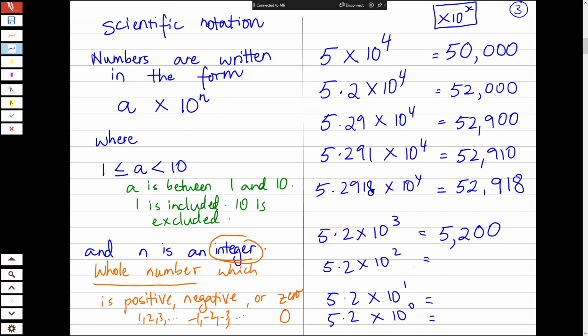All right, year nines. I want to draw your attention to something. What's the relationship between 10 to the power of 3 and 10 to the power of 2?